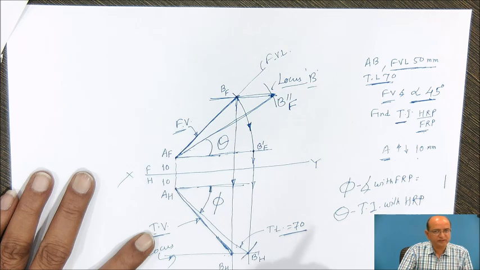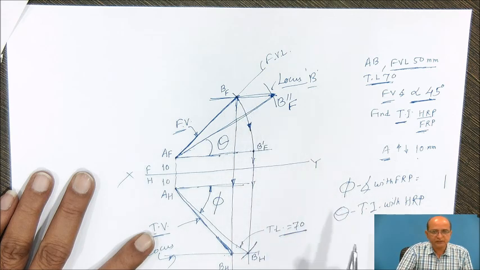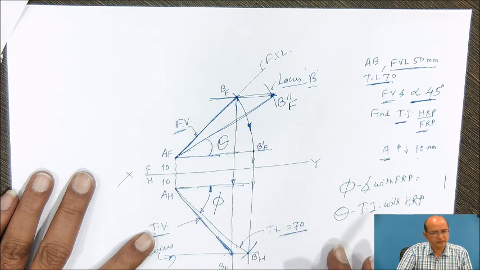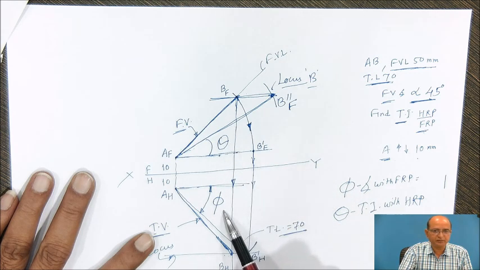You can take the length in the compass and directly mark it on the locus completed through this B end. Have you understood it? Okay. So this is regarding projection completion and finding the true inclination. This is the angle with HRP, angle with FRP.